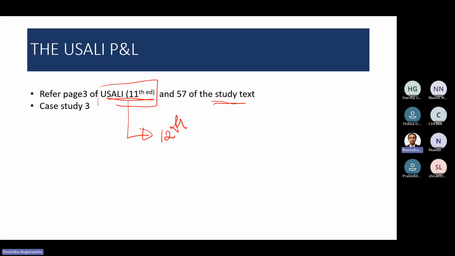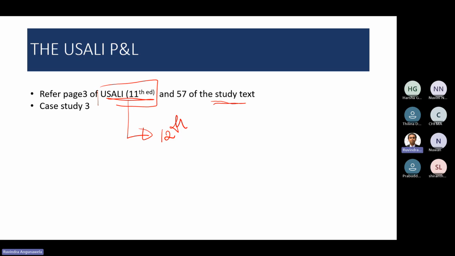Yes. Right. So there is a Usali based profit or loss statement given in that, which is a bit different to what is there in the Usali 11th edition. So what I will teach you is the Usali 11th edition because that is the most relevant in my view, right? And that is a bit more detailed than what is appearing in a study text. So you have to keep note on that, okay?